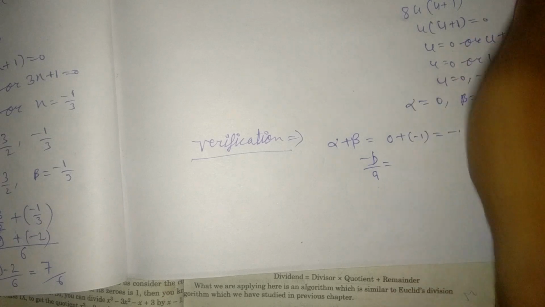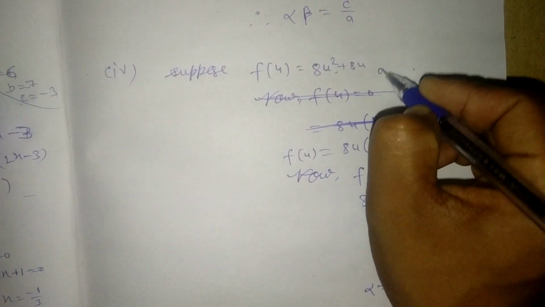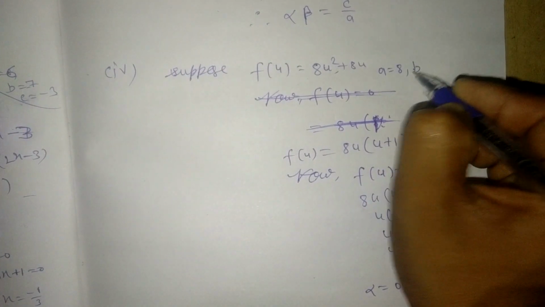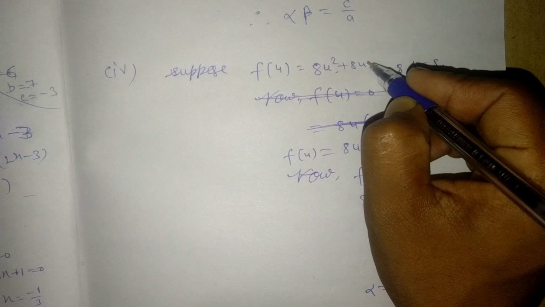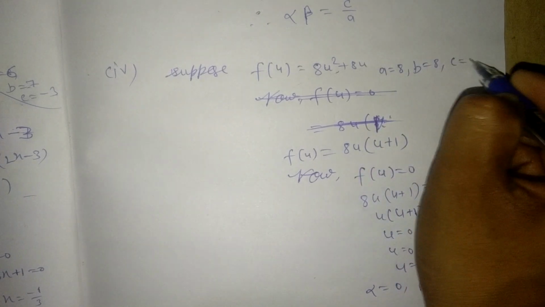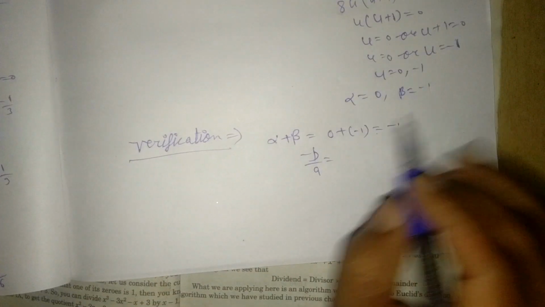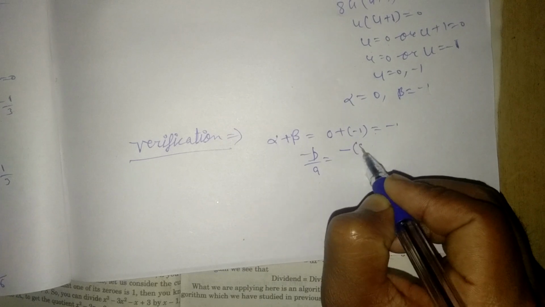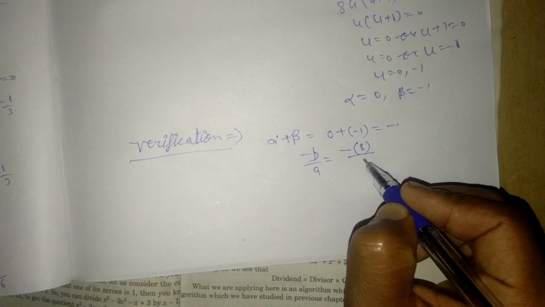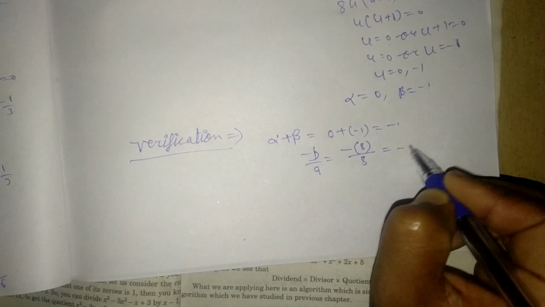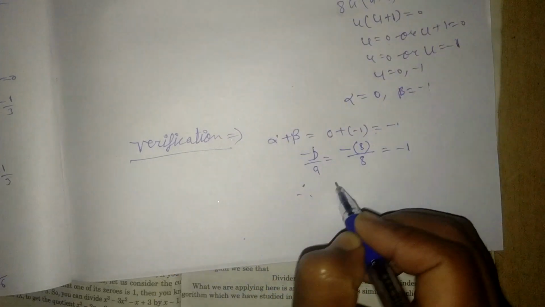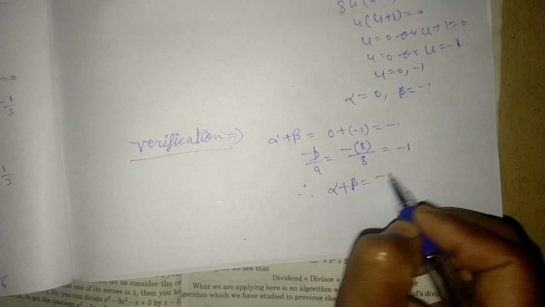Here you can see the value of a equal 8, b equal 8, and there is no c, so we write c is equal to 0. So we write minus 8 upon 8, you will get minus 1. Therefore alpha plus beta is equal to minus b upon a. So our first condition is verified.